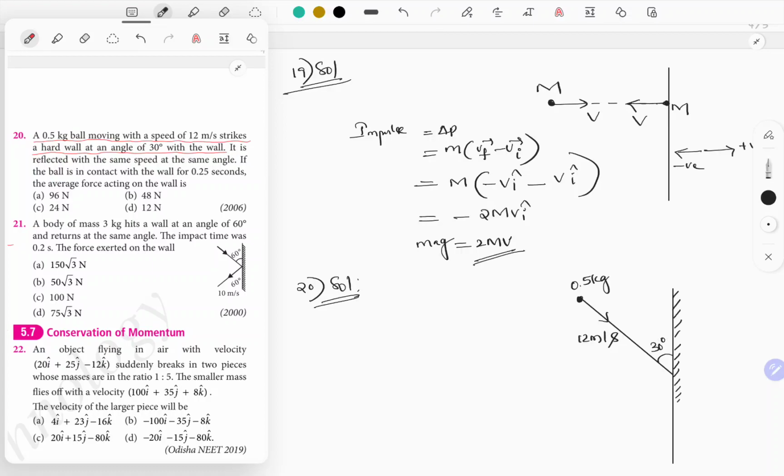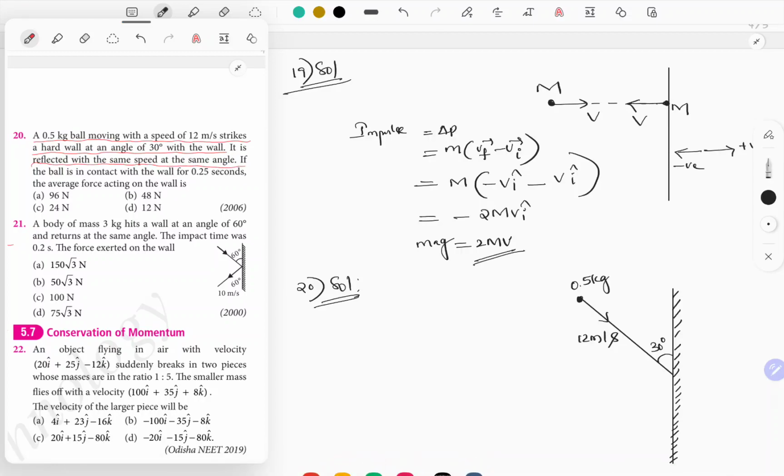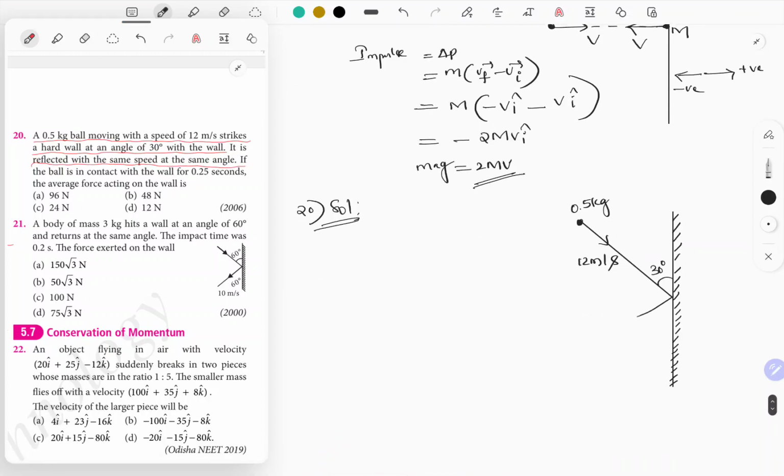Next, it is reflected back with the same speed and at the same angle. Speed is going to be 12 meters per second itself.